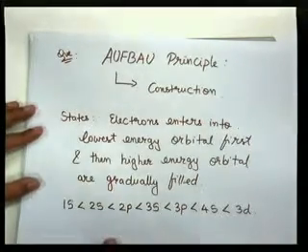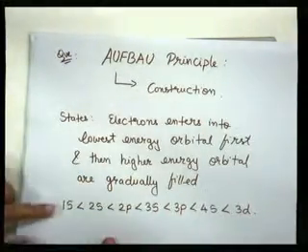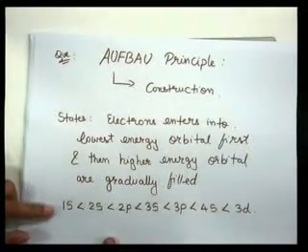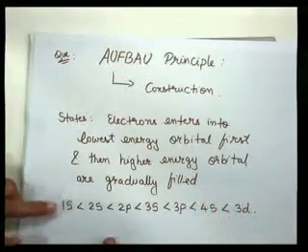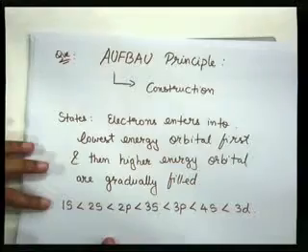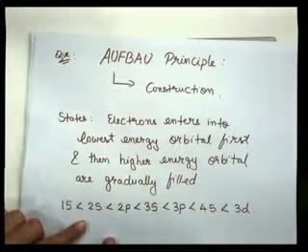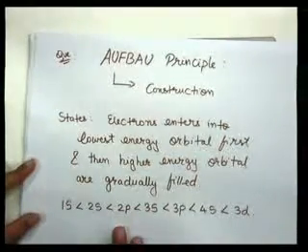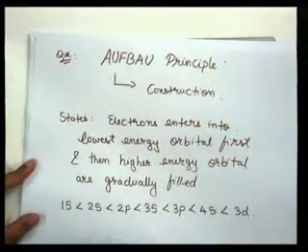What does this mean? It means that your 1s orbital has the lowest energy. So the electron first enters the 1s orbital, and once the 1s orbital gets filled, it will enter the 2s orbital. Once the 2s orbital gets filled, then it will enter 2p, then 3s, then 3p, and so on.